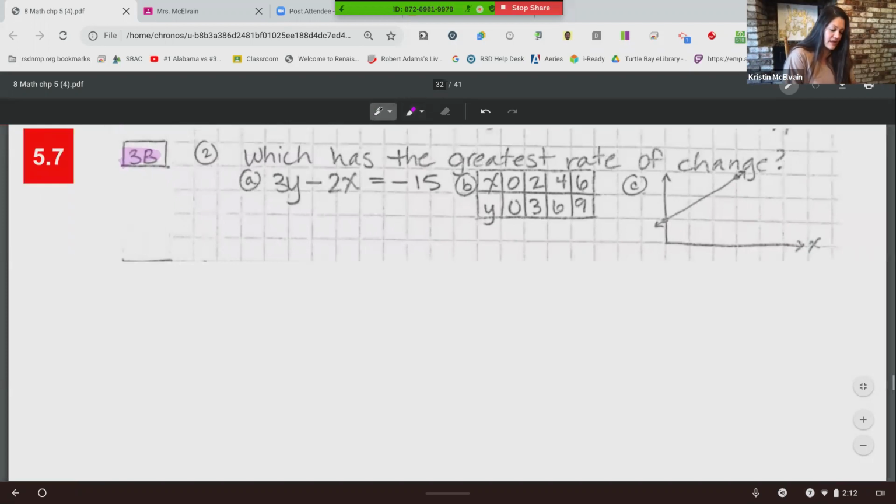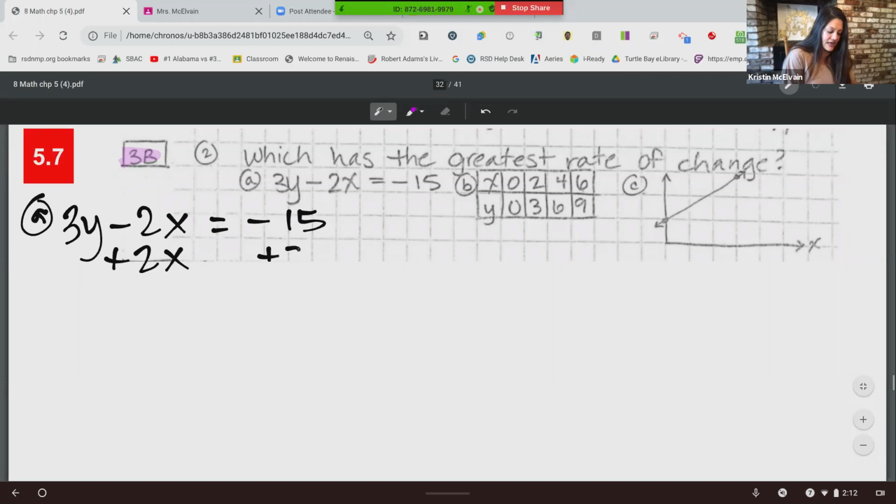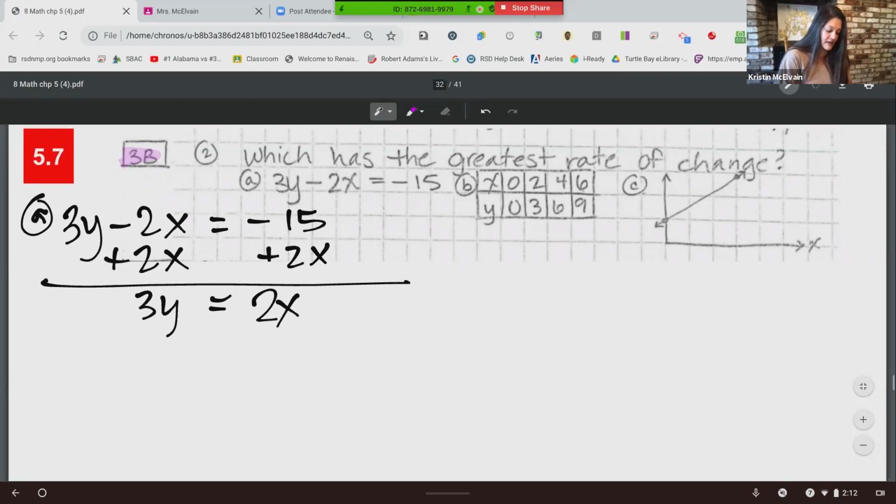So we have A, 3y minus 2x equals negative 15. We're solving for y. We're going to add the opposite to each side. All right, that gives us 3y equals, keep it in our mx plus b order.